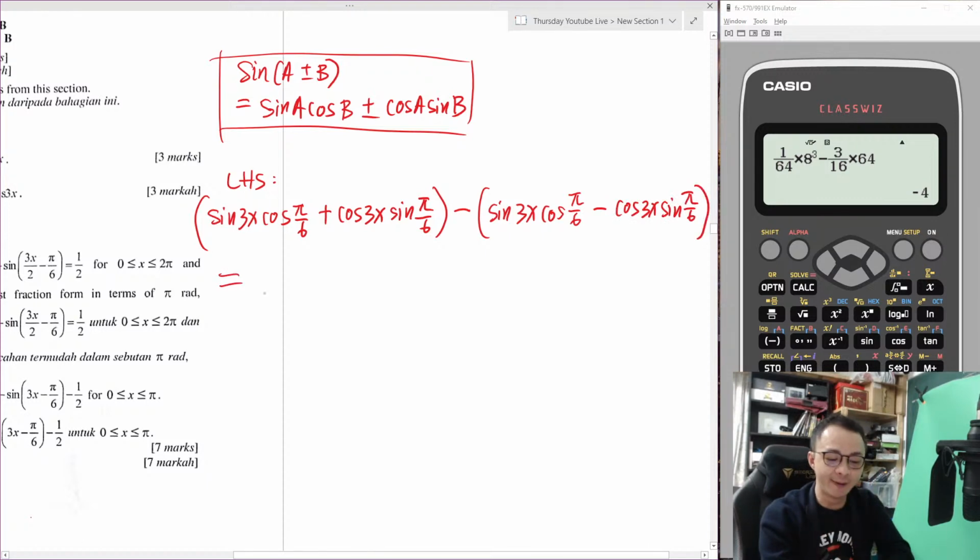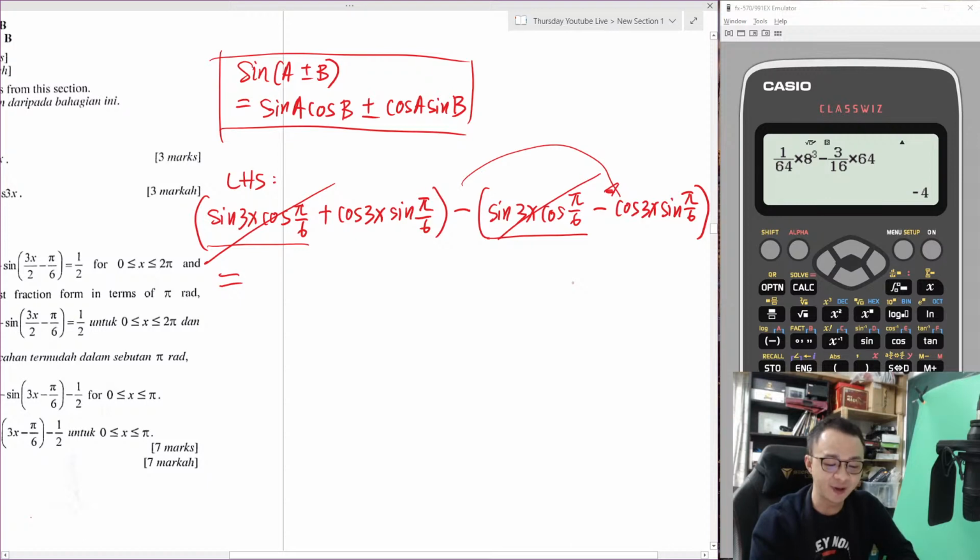Alright, then I realize they are exactly the same thing. Then I have the minus, I can cancel out the same thing. Then negative bring over here. Negative times negative will give me positive. Then I know is cos the whole thing here going to plus this one. So I have double of it.